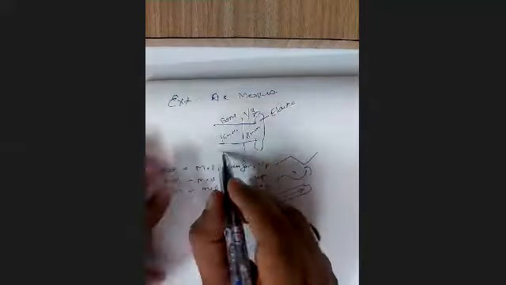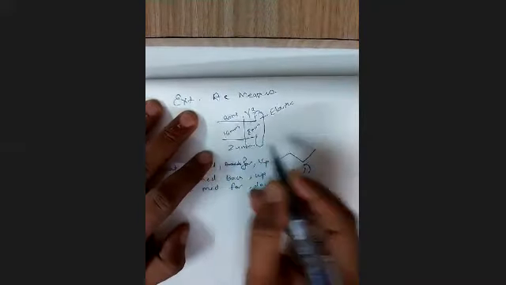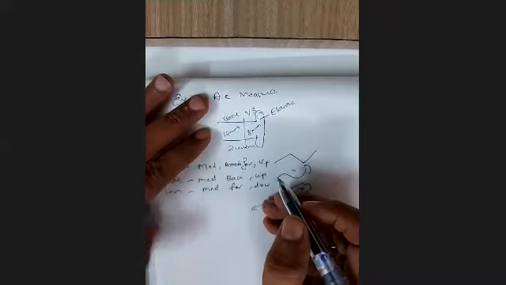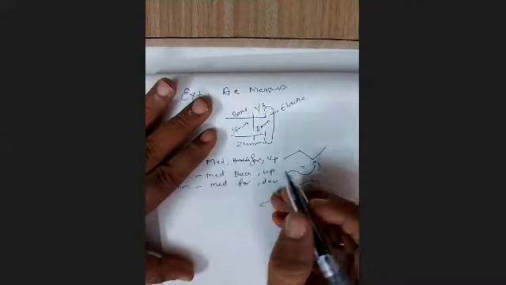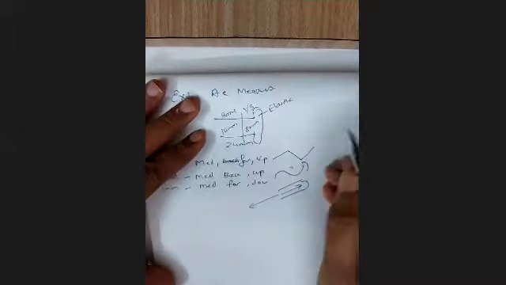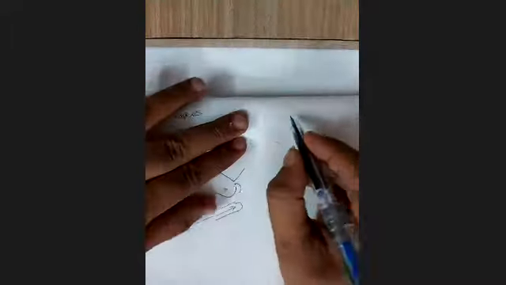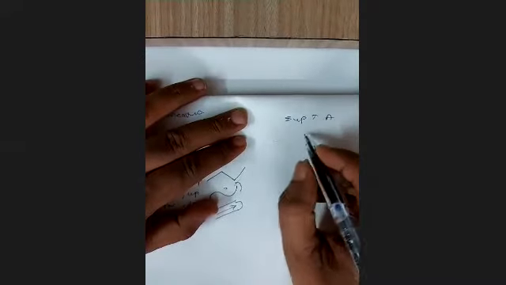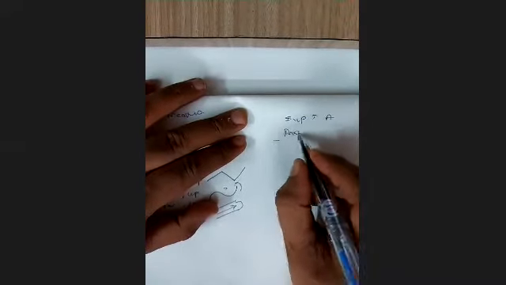So now we will talk about this. The total length is 24 millimeters. Now in this case, again the blood supply remains same: superficial temporal artery and posterior auricular artery.